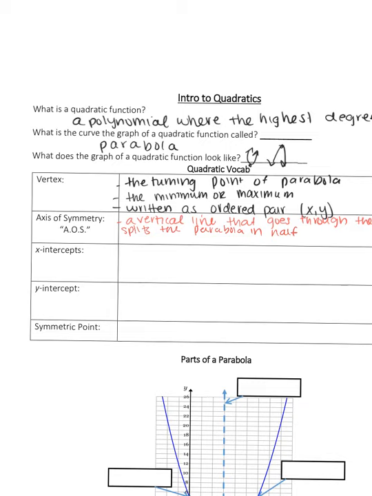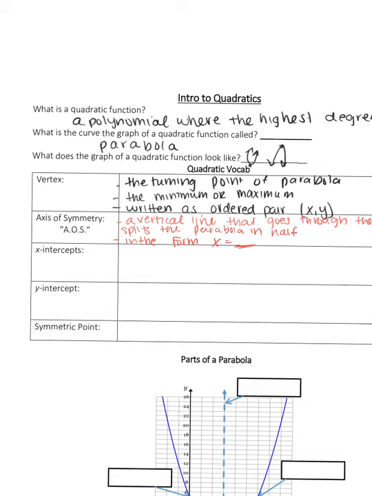And when we write the axis of symmetry, it's in the form of x equals, okay? X equals, and it's going to be a number there. So now we don't have an ordered pair, we just have x equals something, okay?